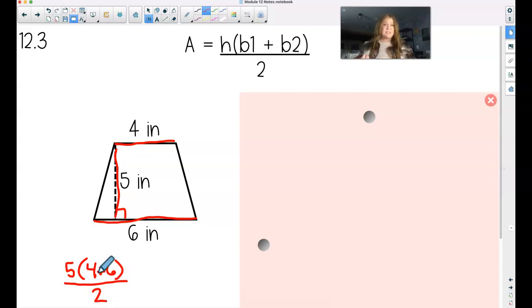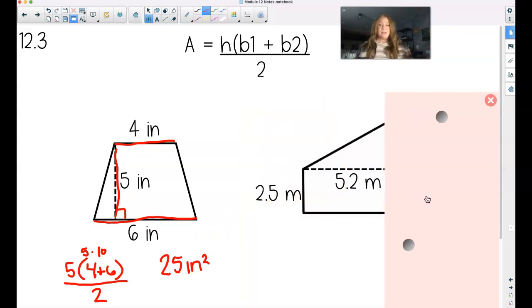So I need to add first, since it's in the parentheses, following order of operations. 4 plus 6 is 10, times 5 is 50. I cut 50 in half, would be 25 inches, and it's still squared because I'm still just finding two dimensions, the base and the height. So yes, I'm cutting it in half, but I'm still just multiplying base times height.